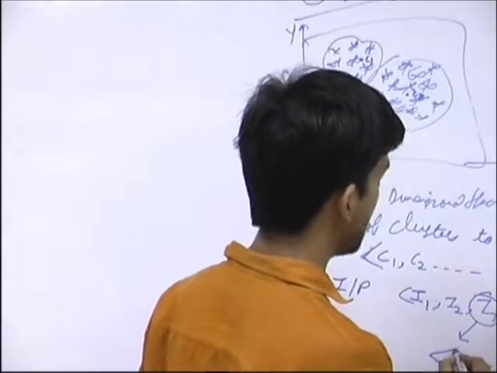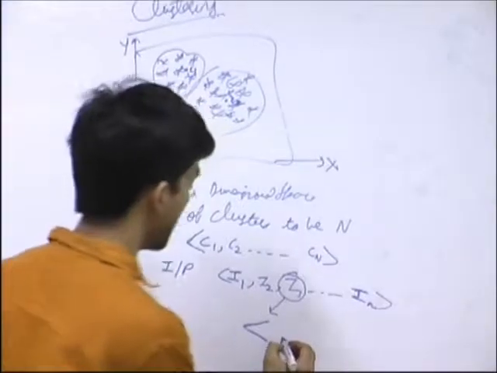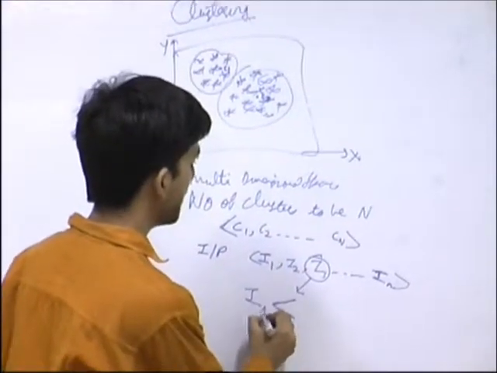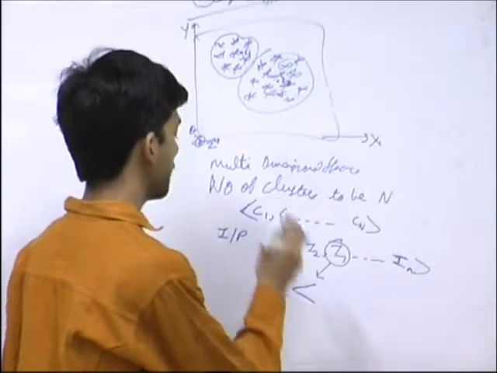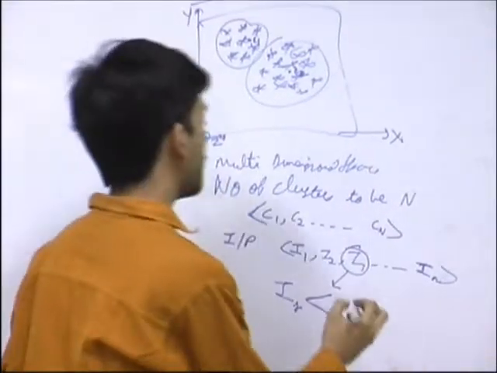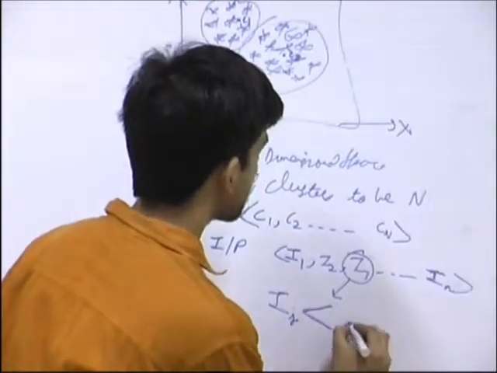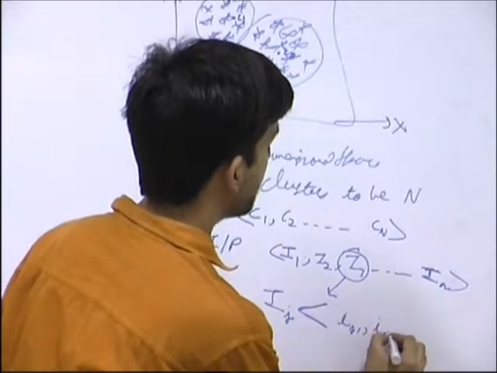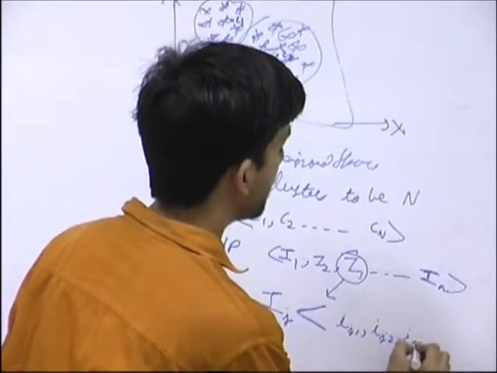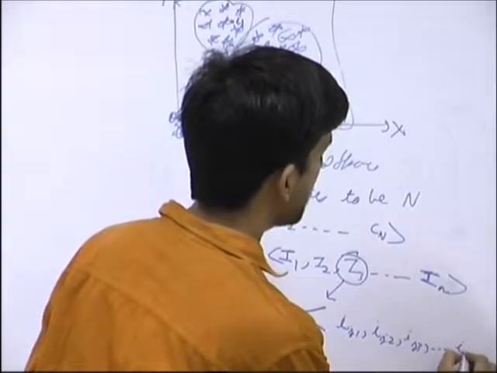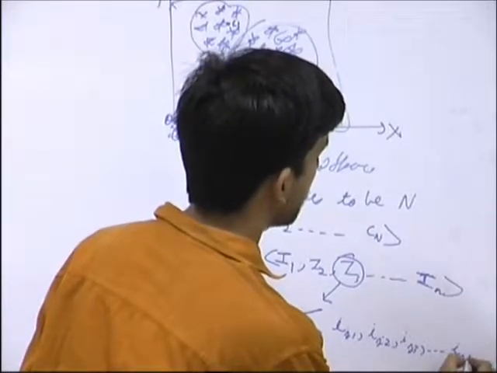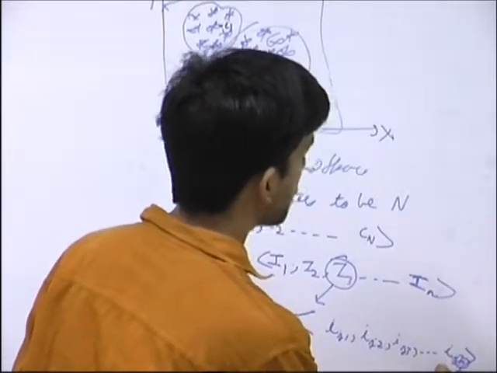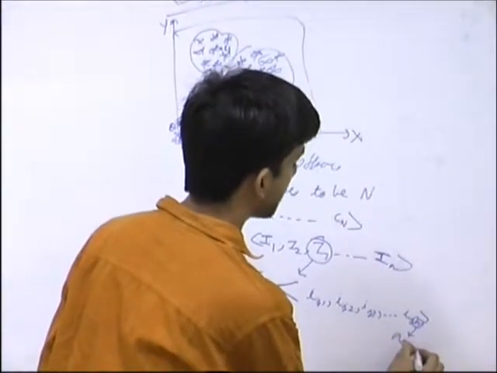So let me say the attributes of any I, j were nothing but I, j1, I, j2, I, j3 and so on up to I, jp, where p is the dimensionality of this graph, or p is the number of attributes.